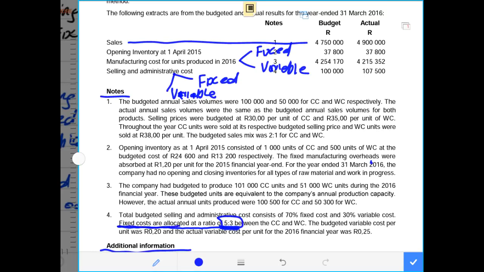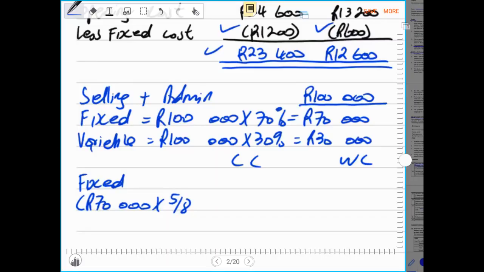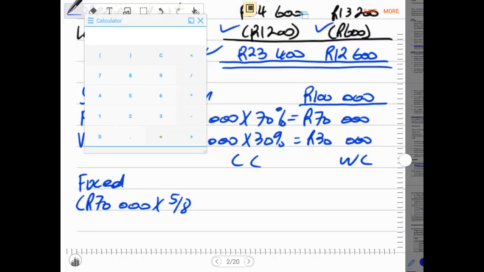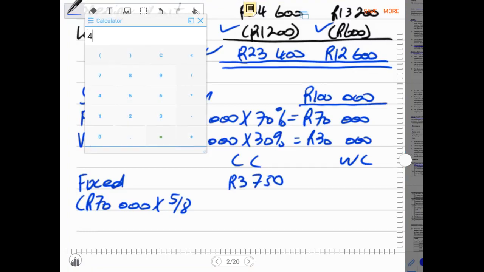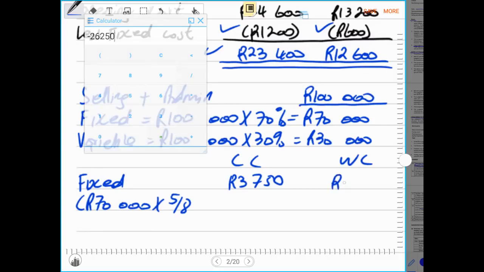They said the fixed cost allocation ratio. So now we are allocating the fixed cost to the two products that we have. 70,000 times 5/8 gives us the allocation of fixed cost as 43,750, and then 70,000 minus 43,750 gives us a total of 26,250.